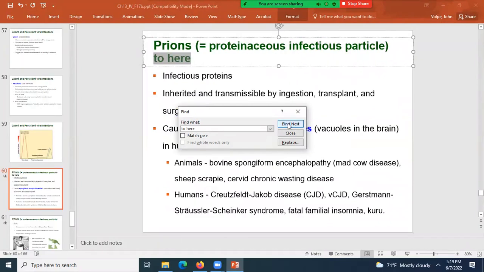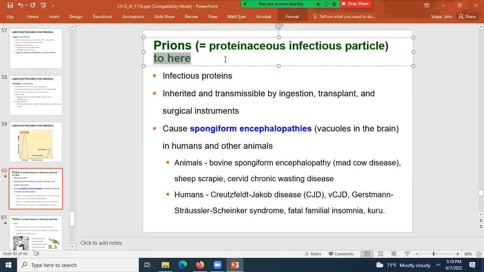We need to talk a little bit more about prions. So this is where we left off. Remember, prions are infectious proteinaceous particles. So it's a protein, infectious proteins. They're inherited, so they can be passed from parents to offspring.